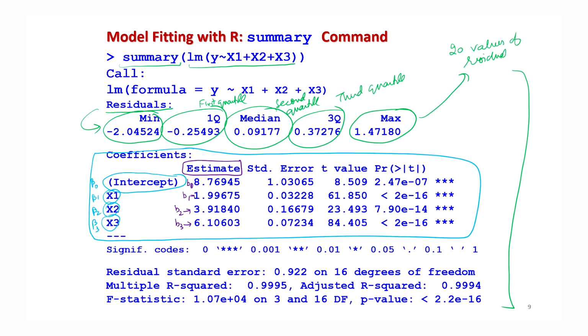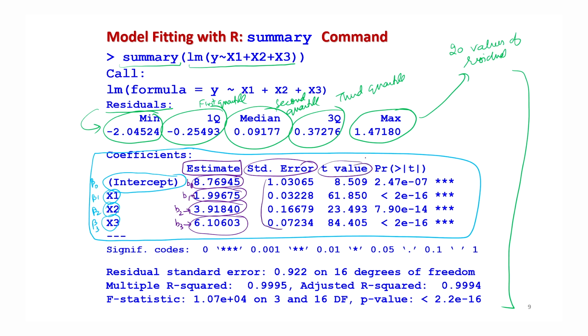Based on that, I can say that my model is 8.76945 x1 plus 1.99675 times x2 plus 3.91840 x3 plus 6.10603 x4 and so on. After this, these are the standard errors of b0, b1, b2, b3. Then we have the t value.